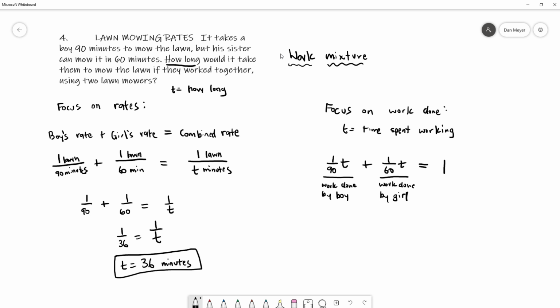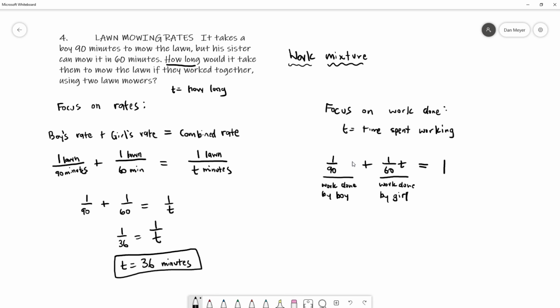Also, I think one of the reasons why I prefer this second method is if it turns out that the boy showed up late and he worked for 5 minutes less than the girl, then we can easily modify this version to say, okay, t minus 5. t is the time spent working by the girl. And all of a sudden, it's really easy to modify this to slightly different stories or slightly more complicated stories.